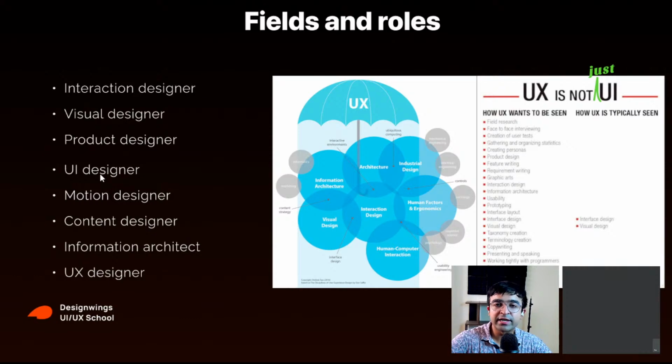So an information architect basically creates the architecture of the website, the architecture of the product, where the user understands, okay, this page has this, this area has this. So if you read about information architecture, that is what this guy is doing.